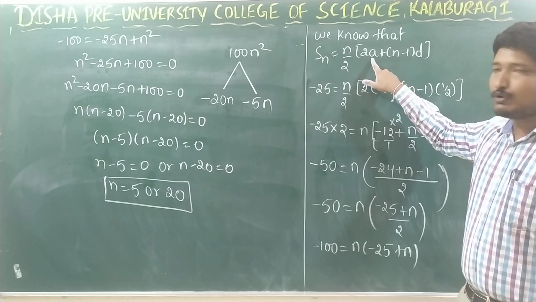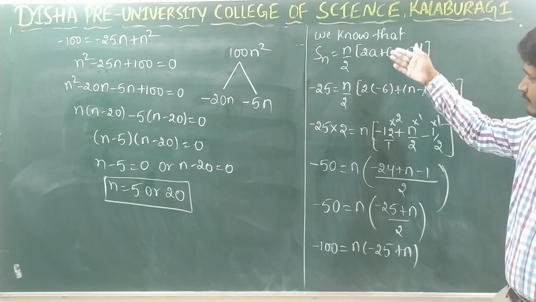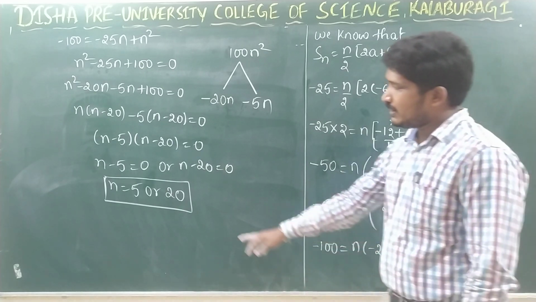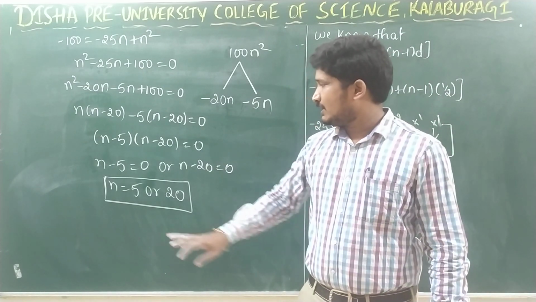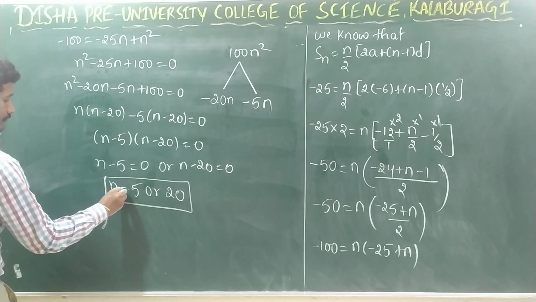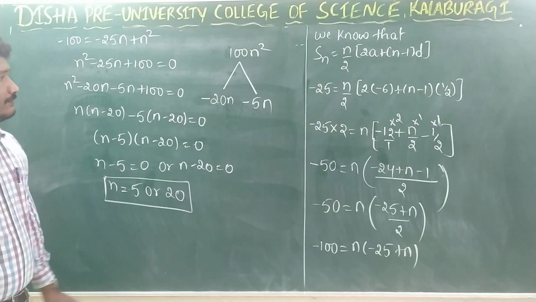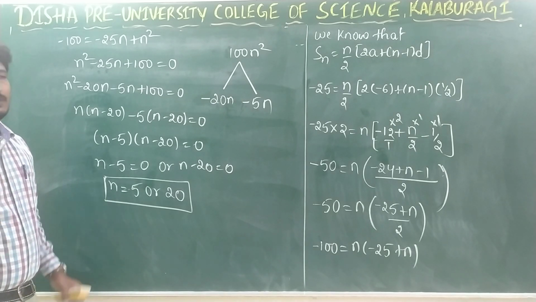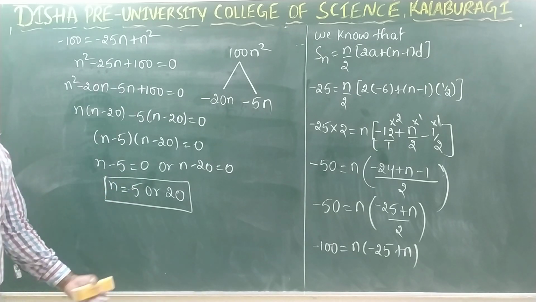From the AP we have got first term as well as common difference. We have substituted. Simple mathematical calculation. We have got the value of n. n is equal to what? 5 or 20. Right? So this is the solution for this. I hope you understood. Let us solve few more problems.